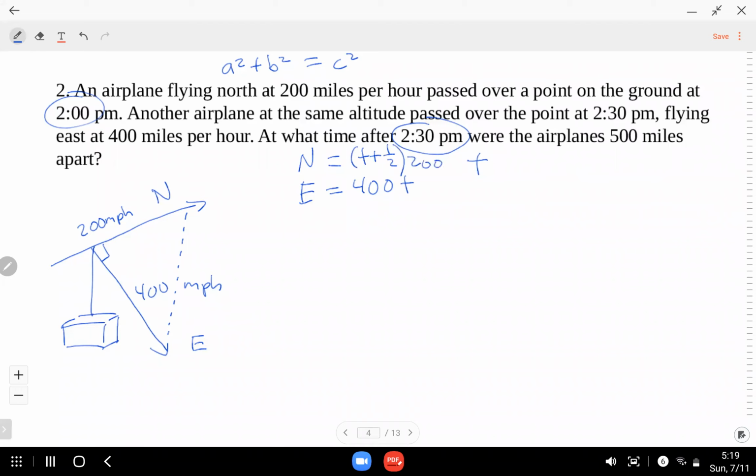All right, so after we're done with that, okay, we need to actually put this in the Pythagorean theorem. So d, which is the distance, should be, and actually the distance here is going to be 500. So let's put that in there.